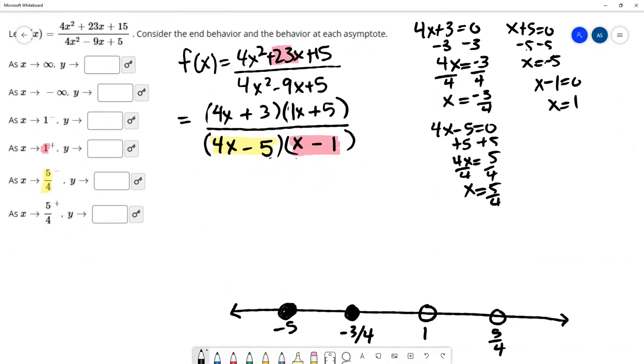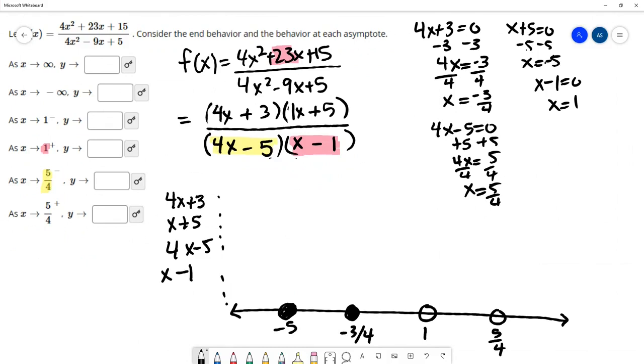So then what I could do is create a sign chart. I'm going to list each one of my factors on the left-hand side of the number line here. We've got a factor of 4x plus 3, a factor of x plus 5, a factor of 4x minus 5, and a factor of x minus 1.